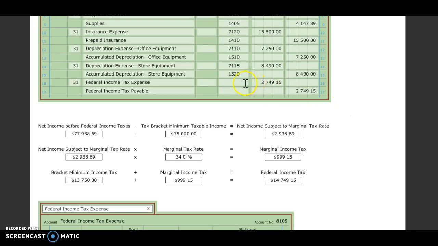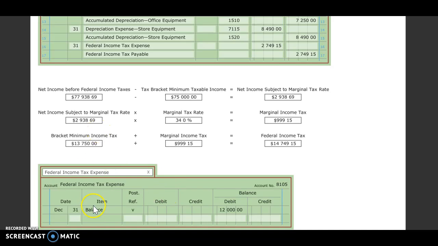Okay, just like we did before, we'll need to post that. So I already have my federal income tax expense open. Date is still the 31st. I'm still on General Journal page 20. I'm debiting that account for $2,749.15. So my new balance then will be $14,749.15, just like I want it to be. Okay.